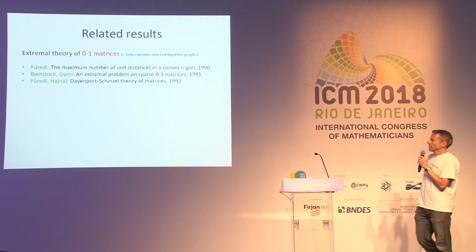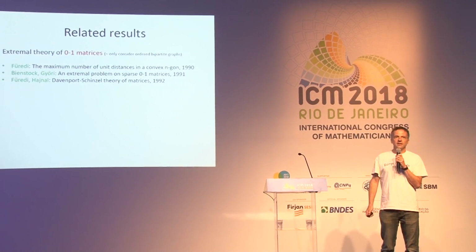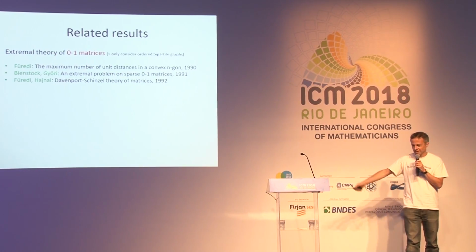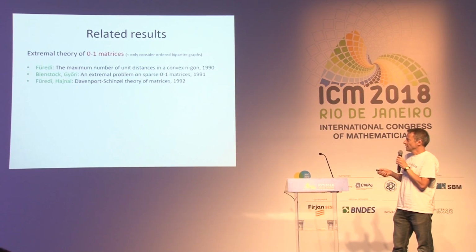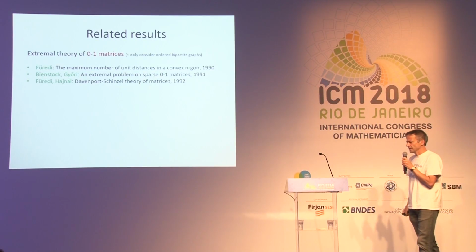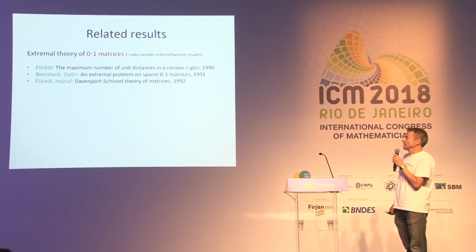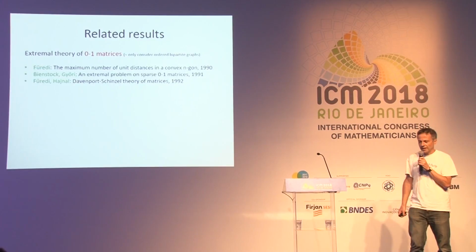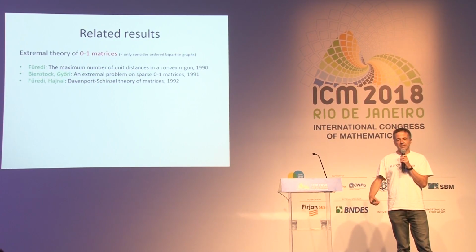So this slide is about related results. Mostly related results that I will not speak about, but it's good that you hear about them. So this first bunch of results is something that really started this research. It's the extremal theory of 0-1 matrices, and you can also think about it as extremal theory of ordered bipartite graphs.